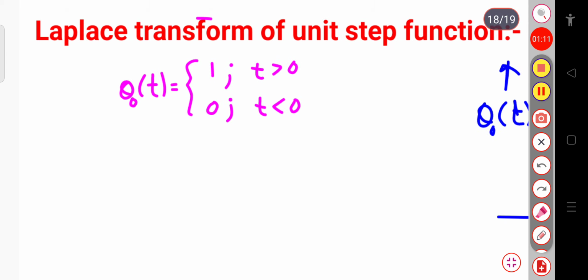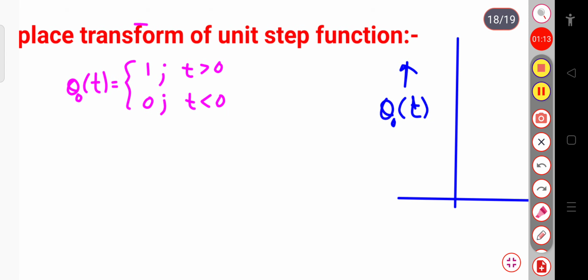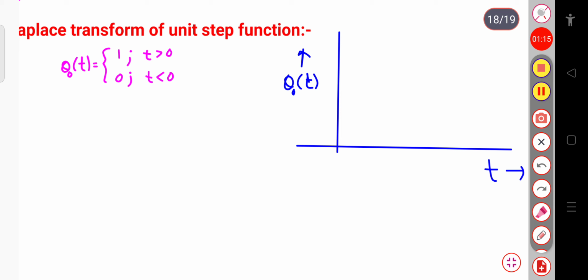Now we can represent this in a graph. When t is greater than 0, it means t is positive. After 0, the t value is positive. So in that case, when t is greater than 0, at this point, this value of theta naught of t is 1.